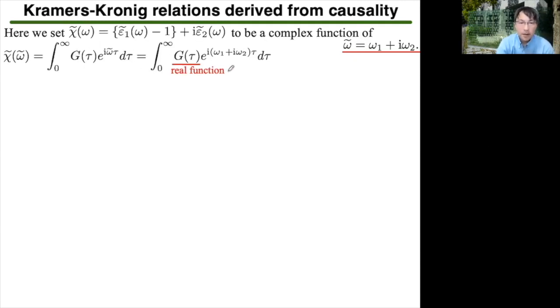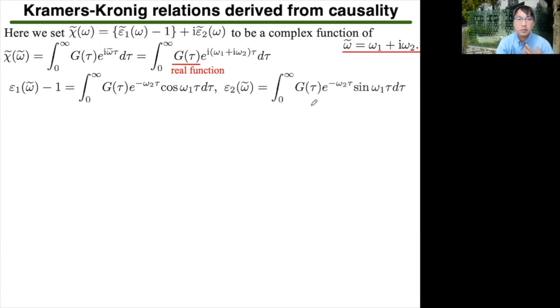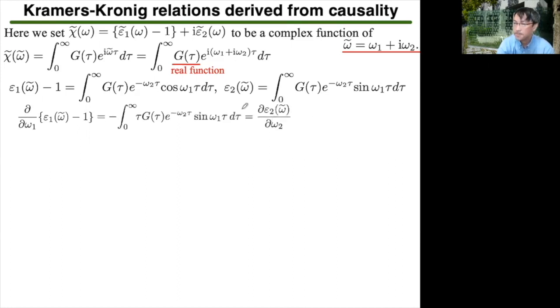Since the function g is a real function, the real part of the chi-tilde is represented by this form, and the imaginary part is shown by this form. Then we consider the derivative of the real part.